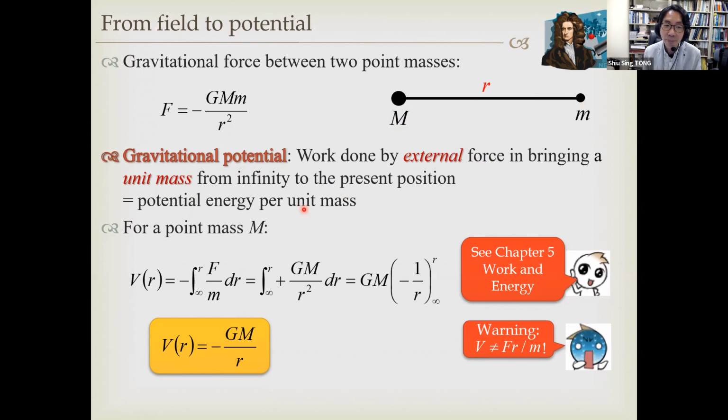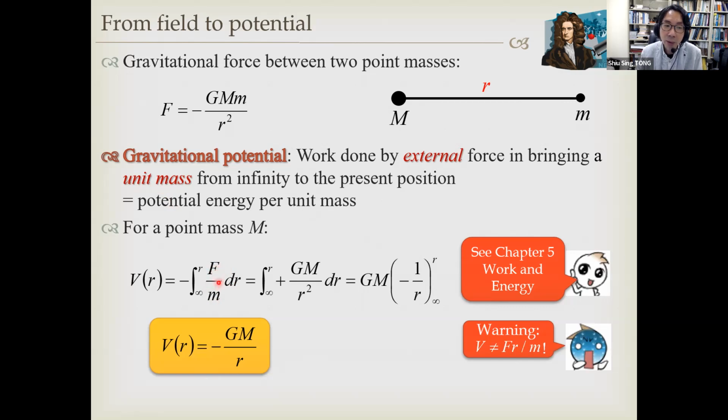I think you know the answer already because we have done it in chapter 5. Now I divide the gravitational force by the mass m to get the force per unit mass. Or essentially, I can simply assume the mass m is 1, and we get the same result.